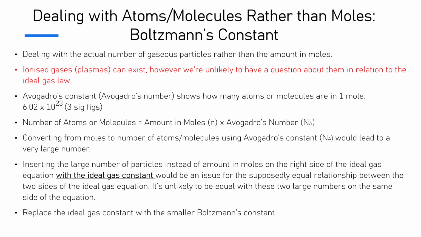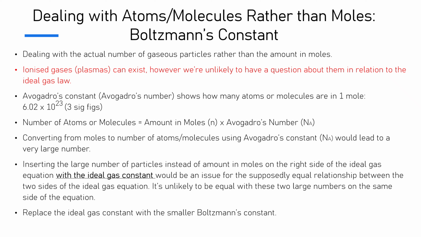However, 1.204 times 10 to the 24 is a very large number. And if we inserted that large number into the same side of the equation as the ideal gas constant, we would probably run into an issue when it comes to the supposedly equal relationship between the two sides of the ideal gas equation.